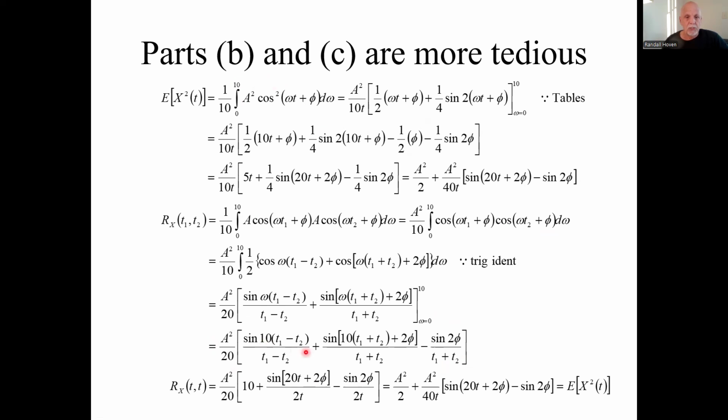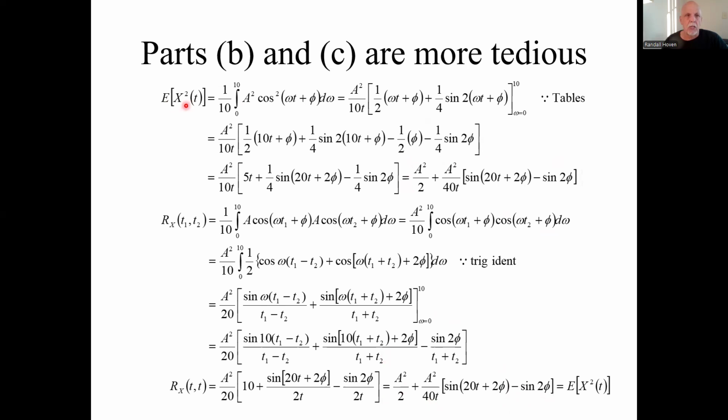But if I put in the same argument t for both t1 and t2, satisfy yourself if you do that, it turns out to be this, which is what the mean square value was.